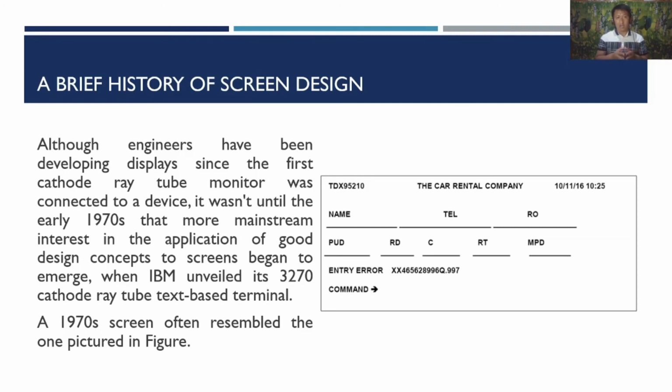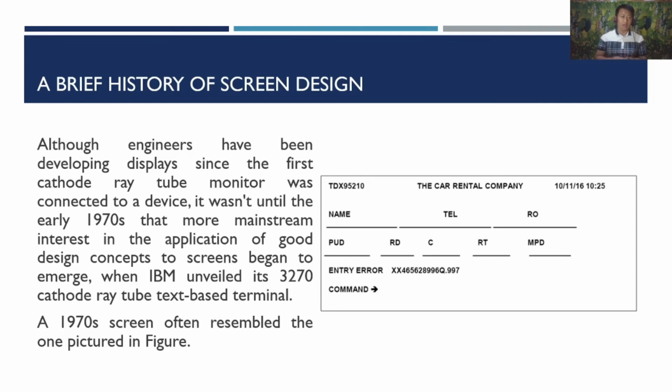If they forgot the code, they needed to read the manual again on how to manipulate the computer. That's how hard it was before, because the interface, or the interaction between the machine and the user, was not very well designed, unlike today.